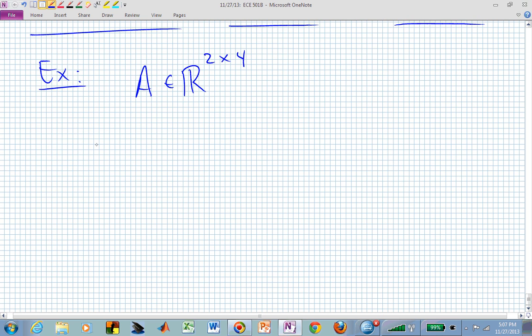And I said you have one singular value is 2, and the other singular value is 3/2. What do you know about the null space of A? Can you say anything about its size or its dimension?